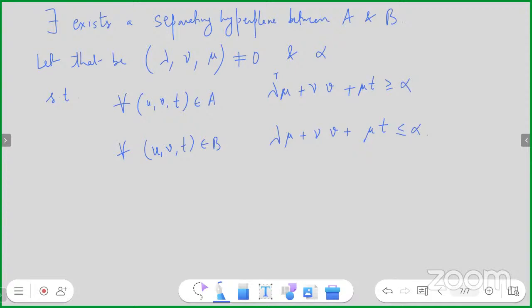So far, so good. So what is the argument? So far we have not said lambda is greater than 0 or mu is greater than 0. Can we argue somehow that lambda is greater than 0?